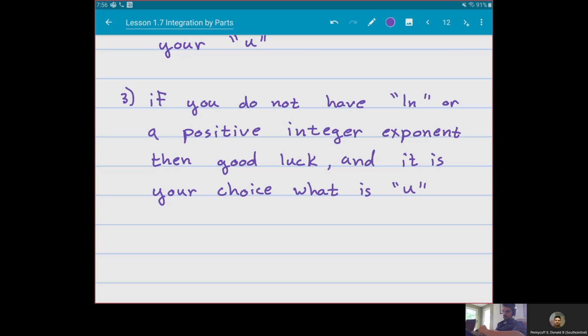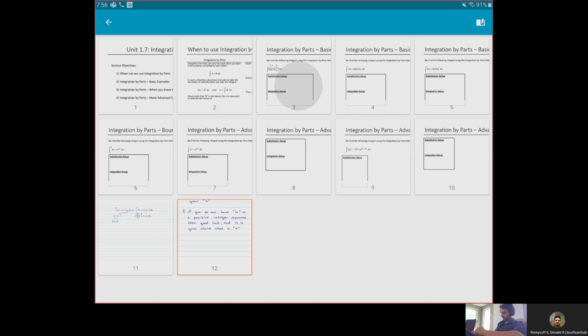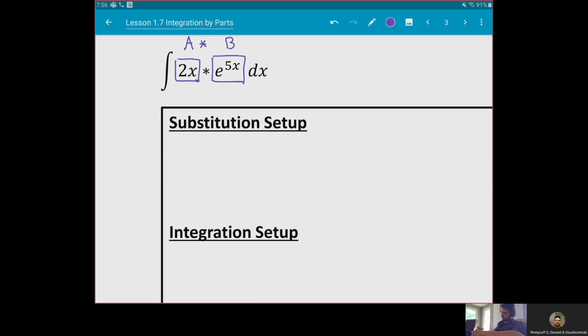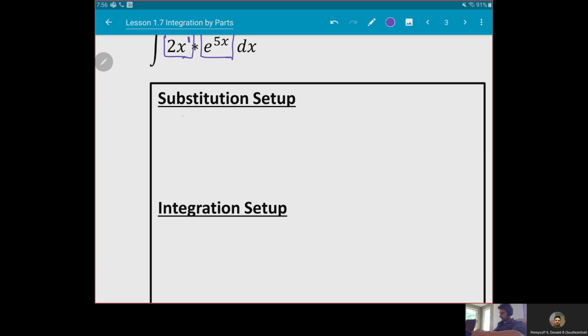But after decades of experience taking derivatives and doing partial derivatives and integration, these are the 3 rules that I've learned about integration by parts. Okay, so take it with the intent. Okay, so right here, I do not have ln, but I do have a positive integer exponent with 2x to the first. Okay, so I'm going to let u equal 2x to the first.